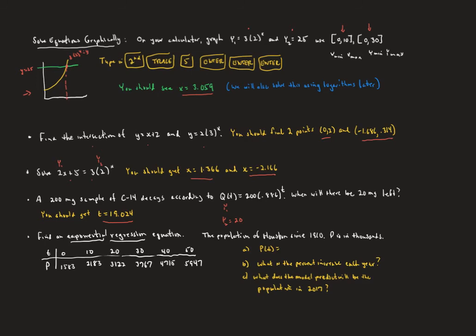And likewise, go over to L2, up arrow into the formula bar, and hit Clear and Enter to wipe that clean. Then go back to L1 and you can put in 0, 10, 20, 30, 40, 50, right arrow, and you can enter those P-values in there. Once you have done that, you're going to go to Stat again and then right arrow to Calculate.